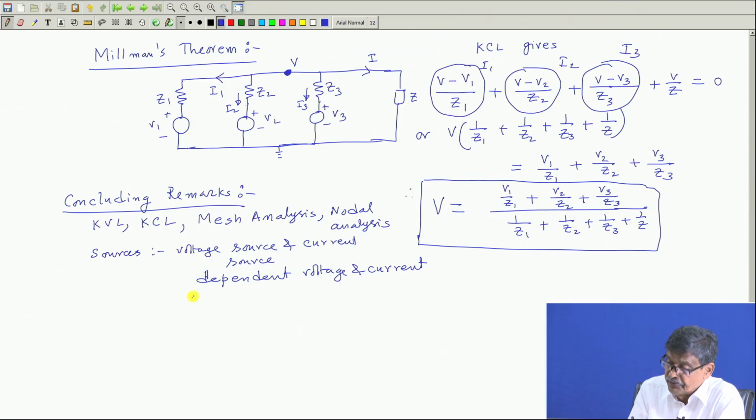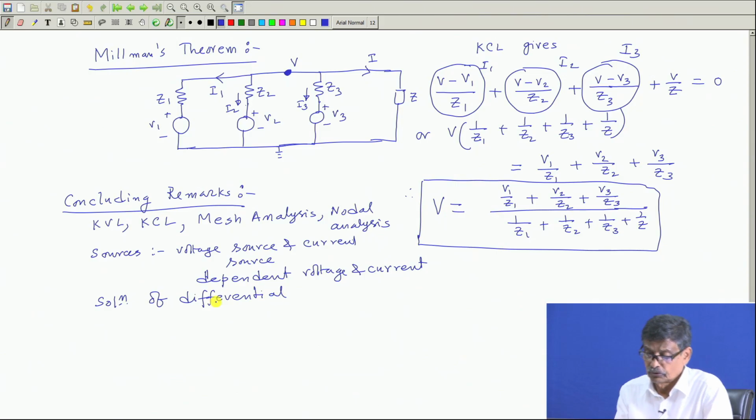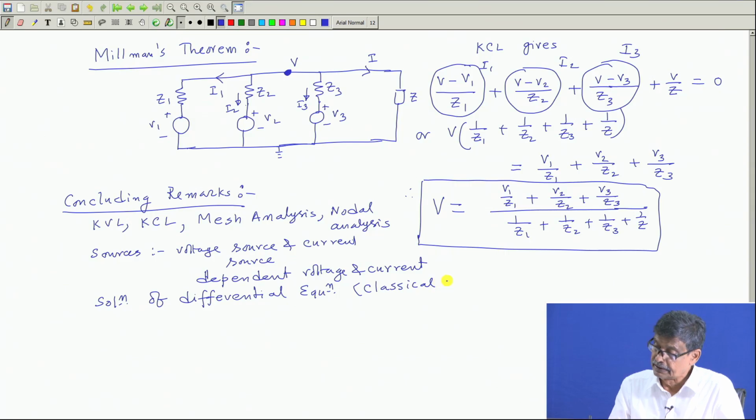So, solution of differential equation. I spent quite some time on it; that will be necessary if you want to find out the total solution for currents in a circuit which is excited by time varying sources. That is the classical way of solving a circuit equation.